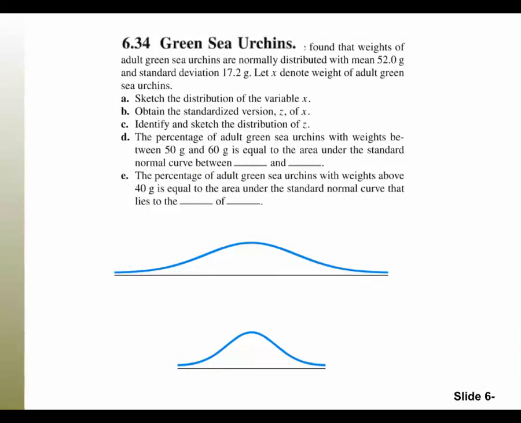Okay, go. So this is the weights of adult green sea urchins, normally distributed with a mean of 52, standard deviation of 17.2.